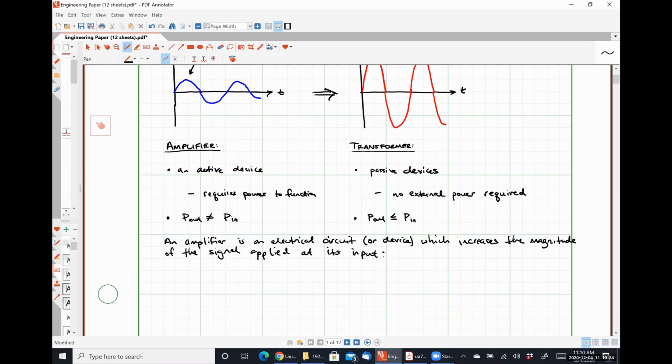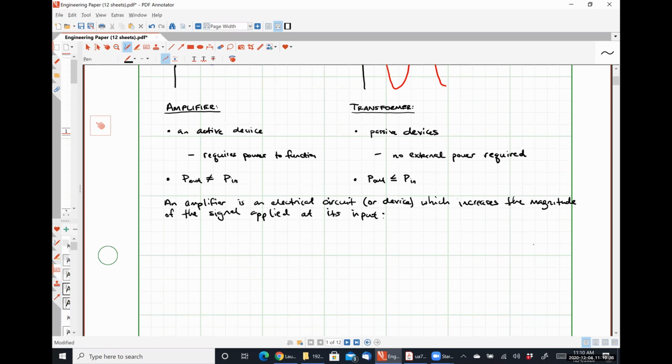So the universal symbol for an amplifier is a triangle. Honestly, not entirely sure why.